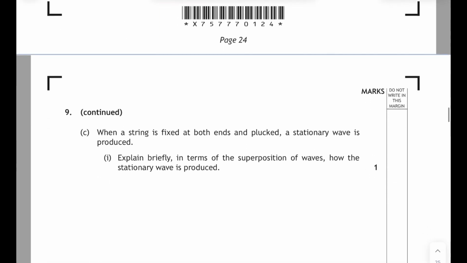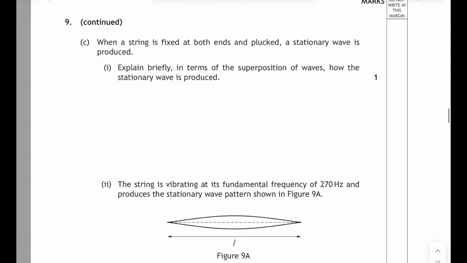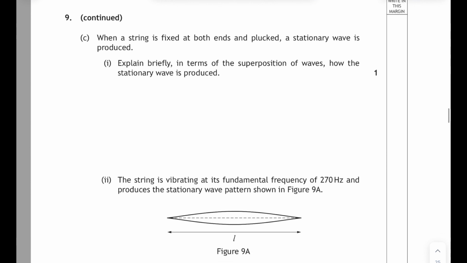And then in part C, when a string is fixed at both ends and plucked, a stationary wave is produced. We have to explain briefly in terms of superposition how the stationary wave is produced. Well, the superposition of waves just means interference of waves, and we're looking for an answer that contains the word interference.